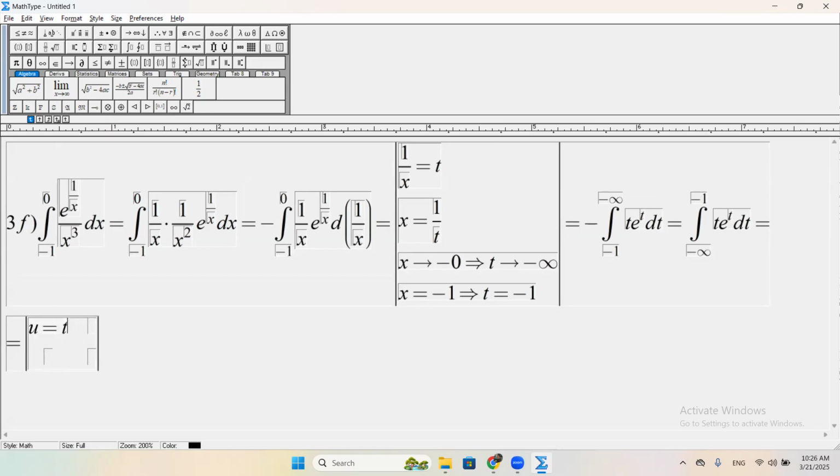So u equals t, du equals dt, dv equals e in power of t dt, then v equals e in power of t. So t by e in power of t, with substitutions from minus infinity to minus 1.